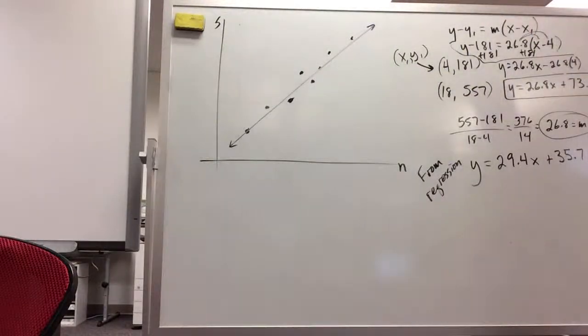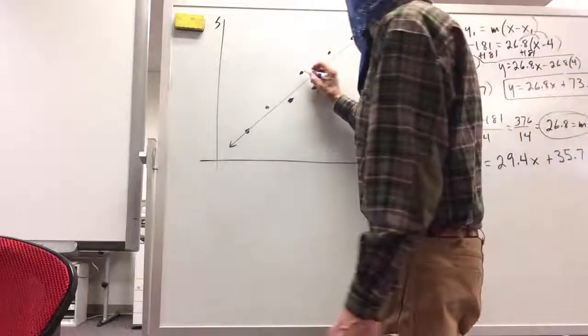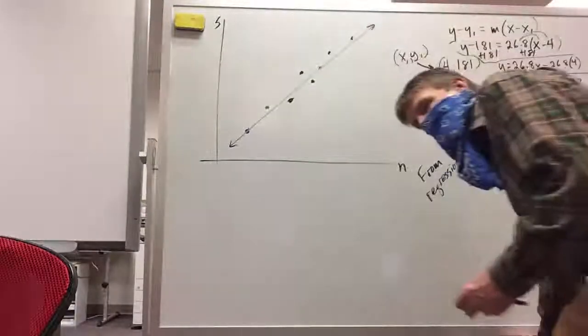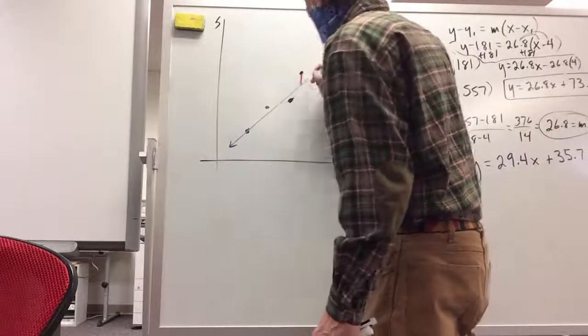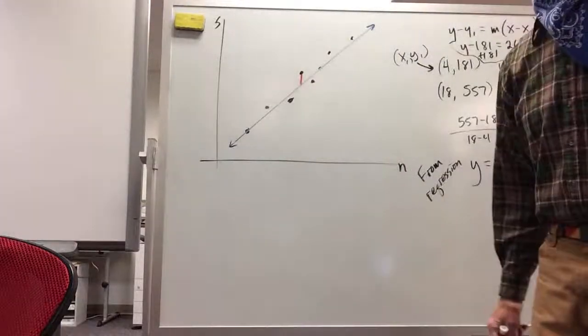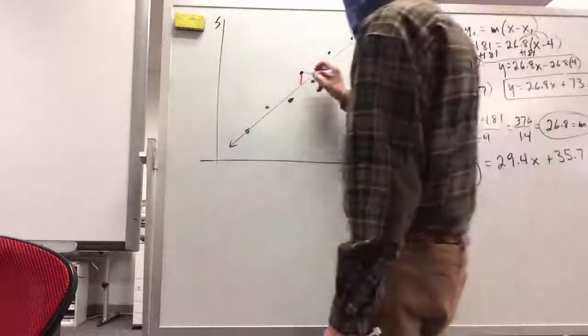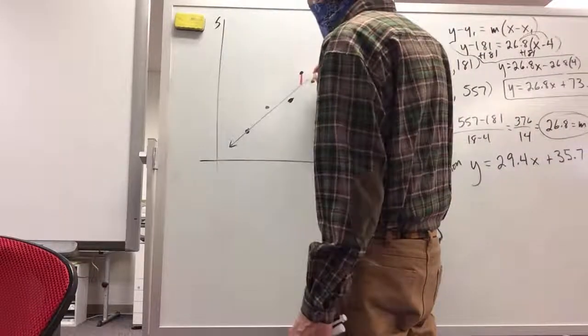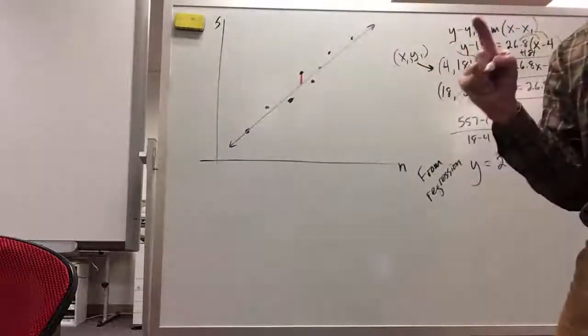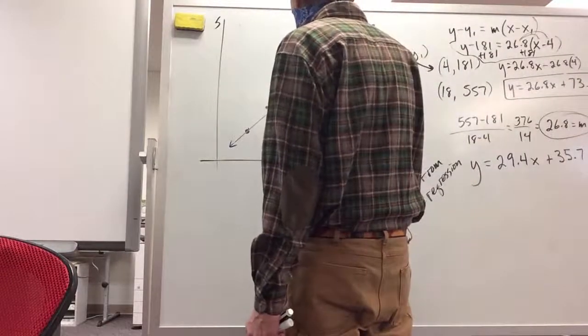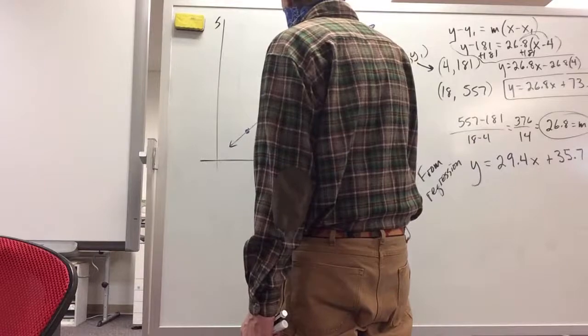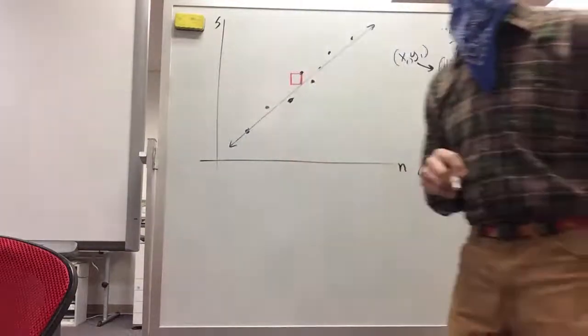Okay, so if we were to take a point here, if I draw in red, are you able to see it okay? If I do this, can you see that? Yes. Okay, so if we were to look at this point here, see how far it is vertically off of our line. And then from that, we would make a square.